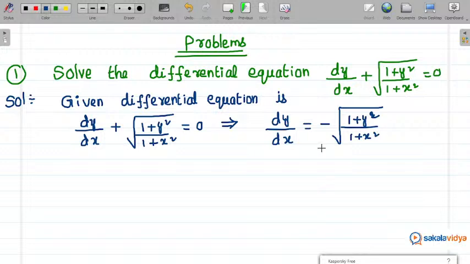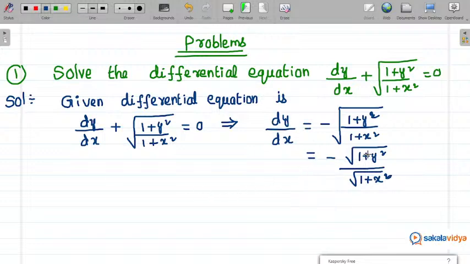Just think, the root of 1 plus y square by 1 plus x square, we can write as root of 1 plus y square by root of 1 plus x square. So, this we can write as negative of root of 1 plus y square upon root of 1 plus x square. Now we can put it in the variable separable form.